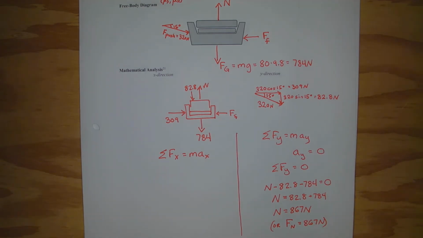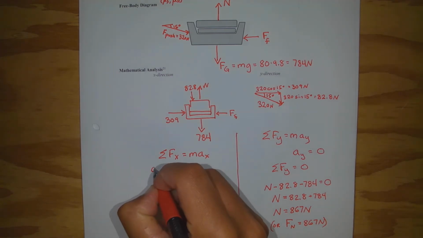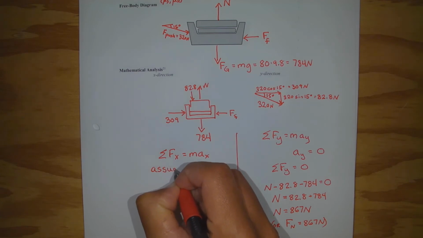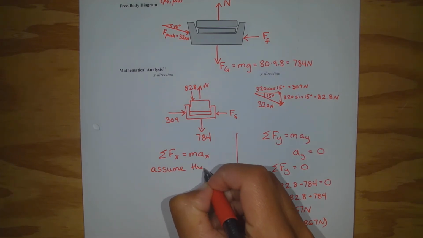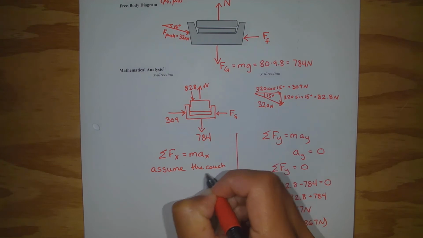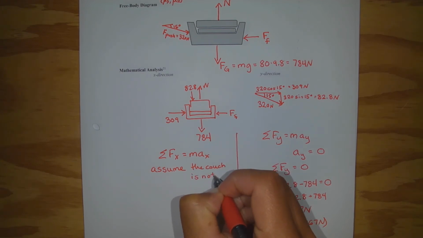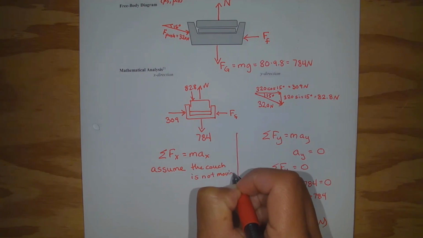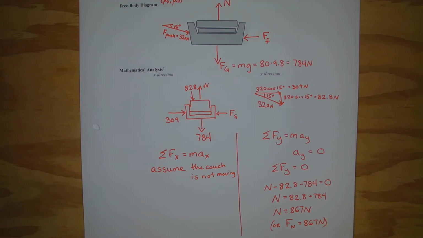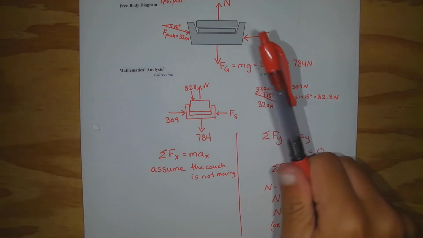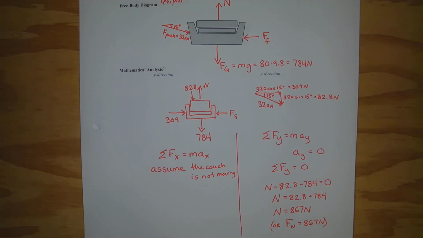So we are going to assume the couch is not moving. If we assume the couch is not moving, then we can figure out what this force of friction is, and that would be static friction if the couch is not moving.